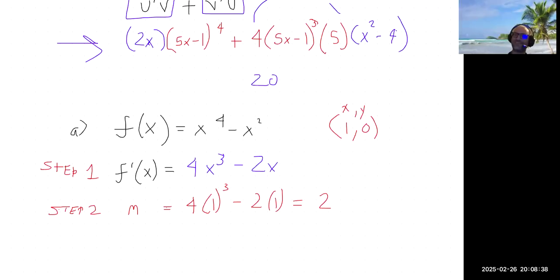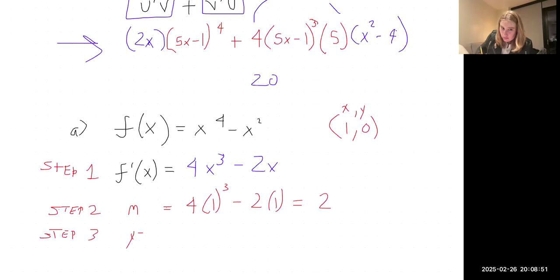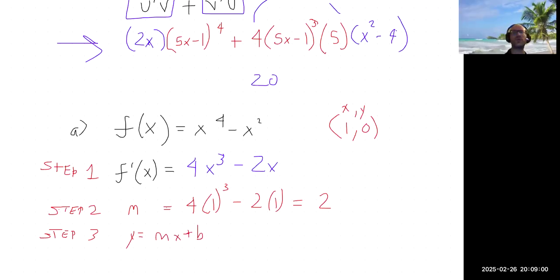Now we have to put it in slope intercept form, which is just y equals mx plus b. So which do we know and which do we not know? We don't know b.